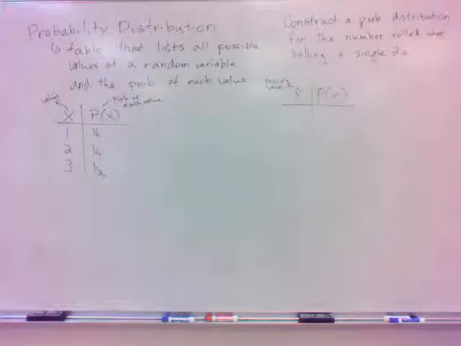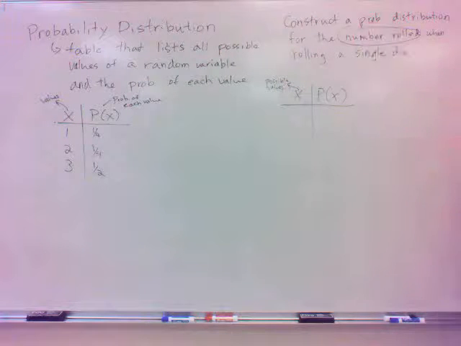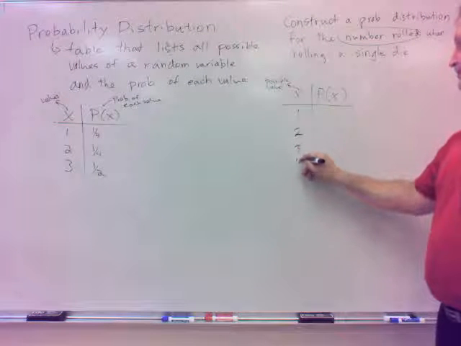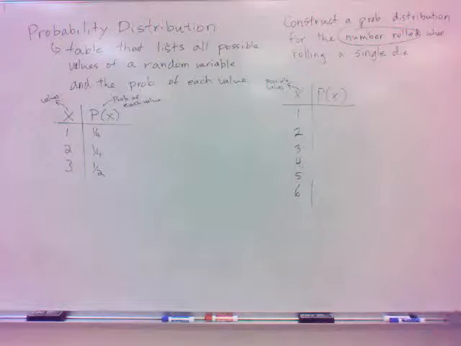So in this case, x is what? The number rolled when I roll a single die. What are the possible values that I could get when rolling a single die? I could get 1, 2, 3, 4, 5, or 6, right? I could roll a 1, or a 2, or a 3, 4, 5, or a 6. This one's an easy one, okay? Make sense?